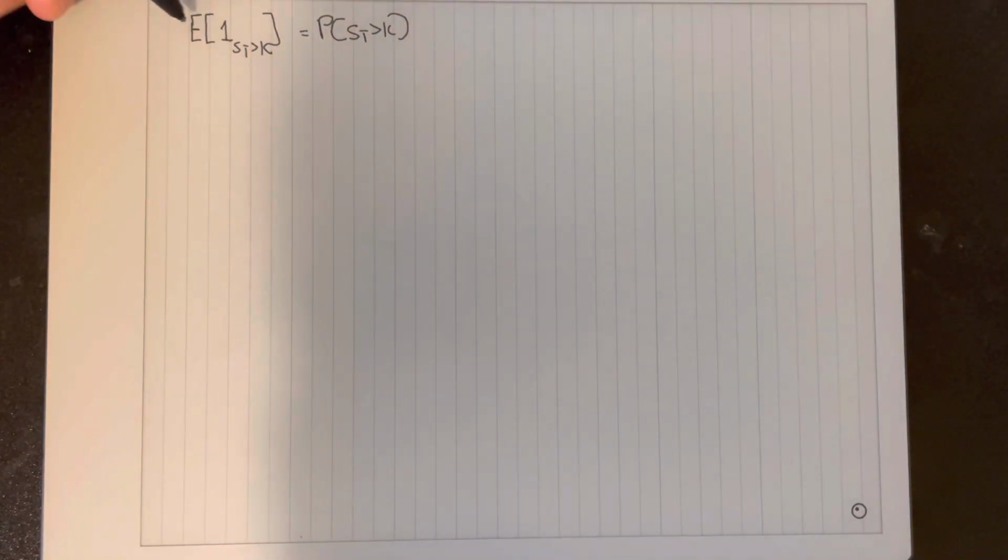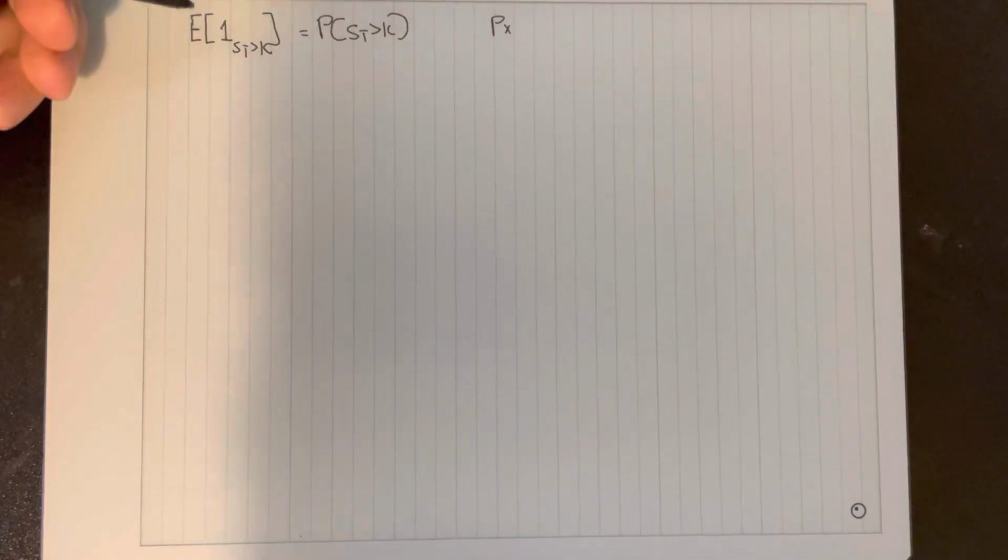Assume basically the very basics of what is expectation. Well, expectation is basically probability multiplied by the possibilities that are out there. And what are the possibilities that are out there for the indicator function?